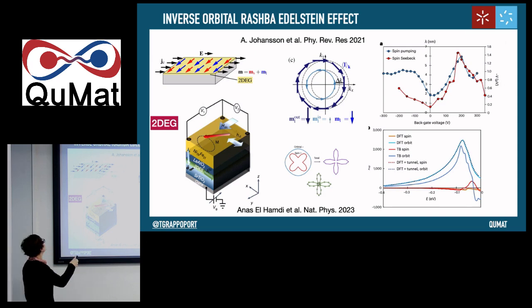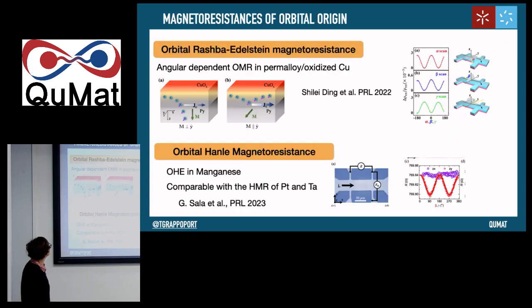They apply voltage and measure voltage in different orientations, and they manage to measure the AC current, and they look at the symmetry of this current in space, and the symmetry is only associated to the orbital texture, not the spin texture. So they characterize this as the inverse orbital Rashba-Edelstein effect.